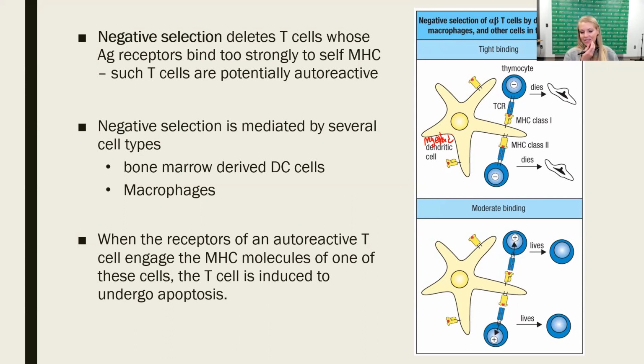Okay, this is all great and wonderful if the dendritic cells and the epithelial cells, whatever cells are in the thymus, are able to express proteins that the T cell could encounter at any time during circulation.